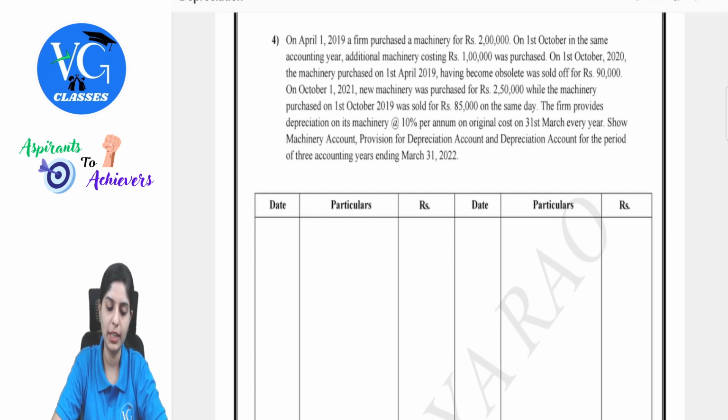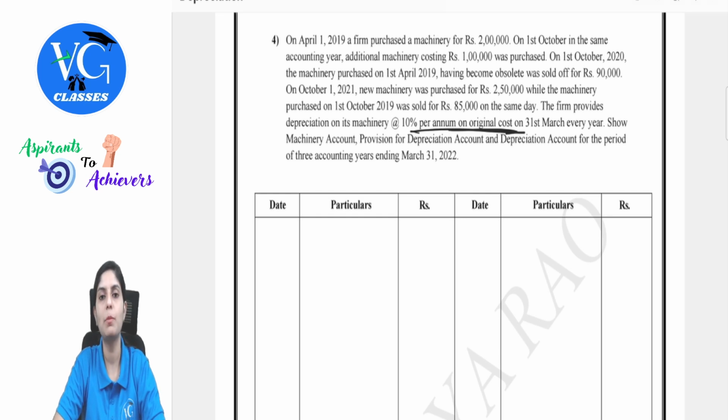On 1st October 21, a new machinery was purchased for 2,50,000 while the machinery purchased in 19 was sold for 80,000. The firm provides depreciation at 10% on original cost on 31st March every year. Show machinery account, provision for depreciation and depreciation for the year of 3 accounting years ending 31st March.